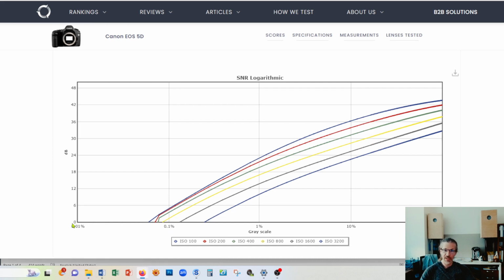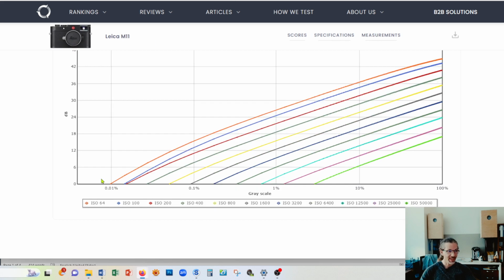So the Leica did expand one decade beyond, so that's like 10 times the information content for the Leica in the low contrast regions. It's able to detect an order of magnitude more in the extremely low contrast range than the 5D does.